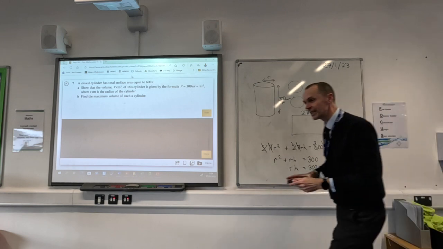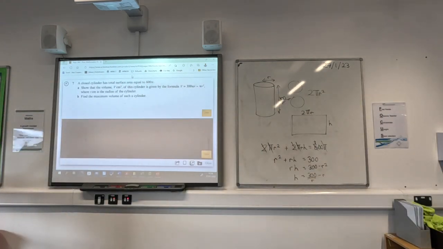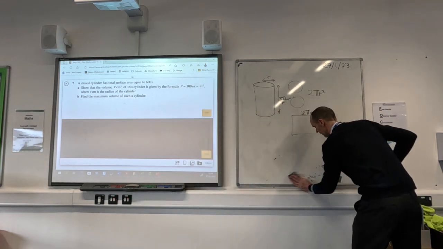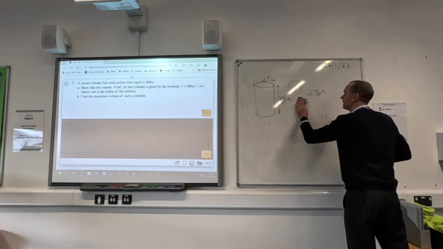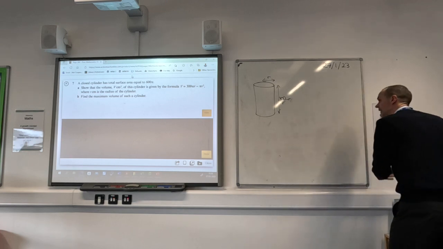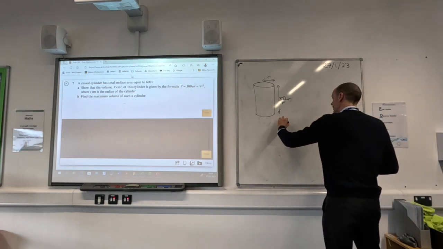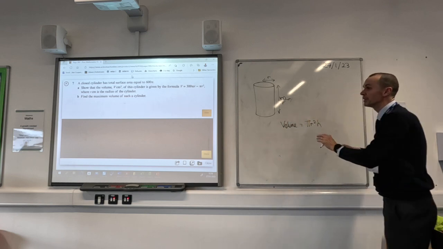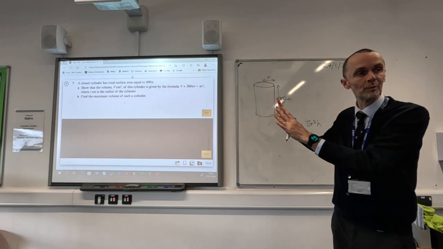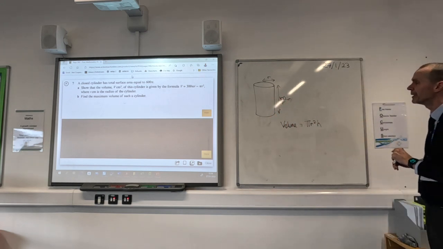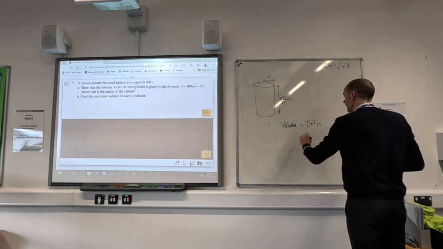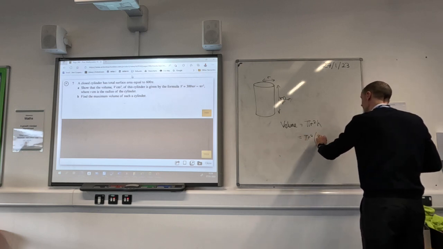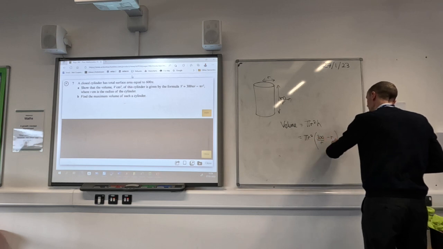So I'm going to hit the reset button at that point, because what I'm actually after is an expression for the volume. So my volume is going to be pi r squared h, that's the volume of a cylinder. You'll note that we're not given that formula. That's one of those things that we're expected to remember. But h we've just worked out. So it's pi r squared times 300 over r minus r.